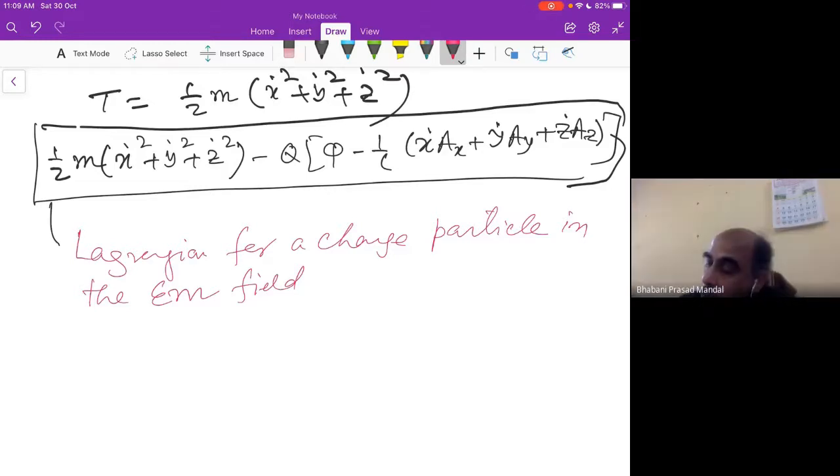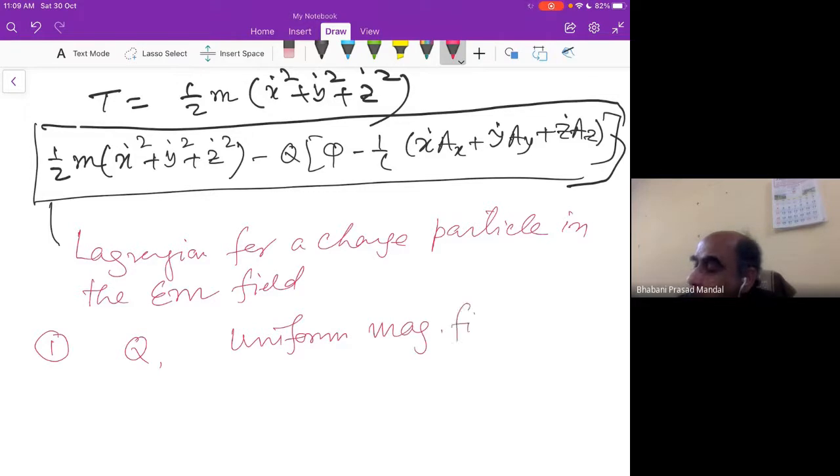Okay, so now let us consider some examples of how to find it. Suppose I have a charged particle, charge Q, moving in a uniform magnetic field, say B equal to B0 k.